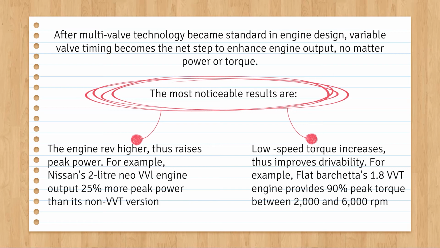For example, Nissan's 2-liter Neo VVL engine outputs 25% more peak power than its non-VVT version. Low speed torque increases, thus improving drivability. For example, Fiat Barchetta 1.8 VVT engine provides 90% peak torque between 2000 and 6000 RPM.